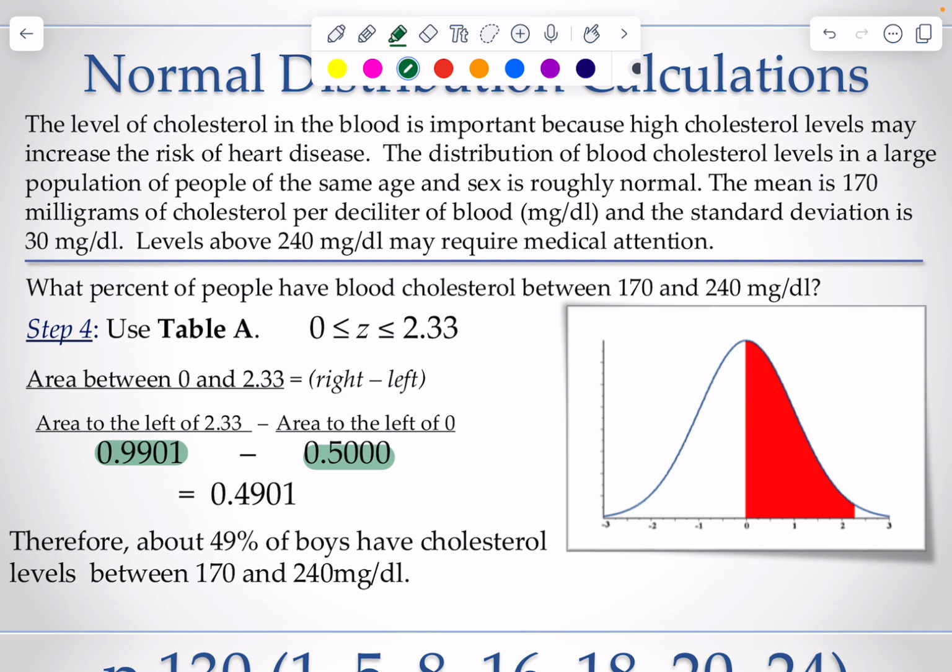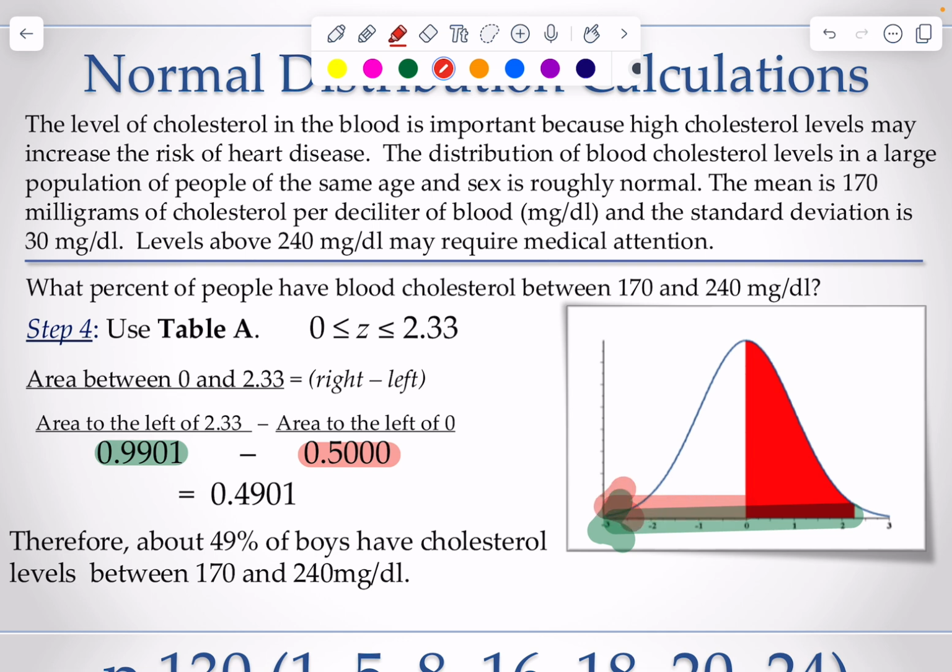When I look up that table, that first percentage was everything left of that 2.33. And the second value, the 0.50, is everything left of the mean.